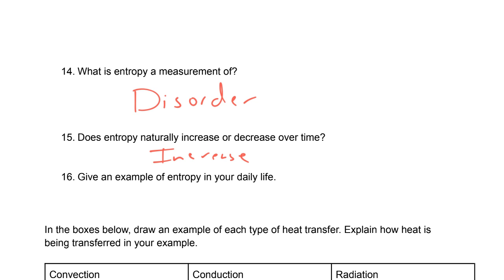Matter seeks disorder. Give an example of entropy in your daily life. Your room gets messy over time. There's more ways for your room to be disorganized than organized, so it will naturally become less organized over time if you don't actively try and clean it.